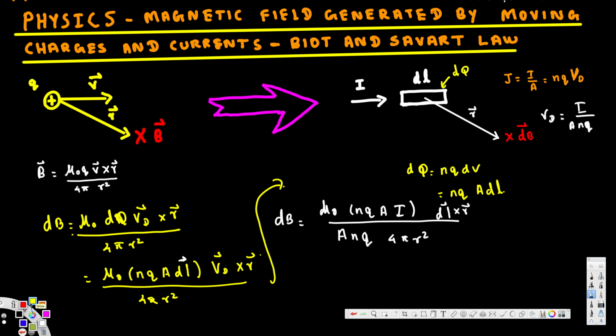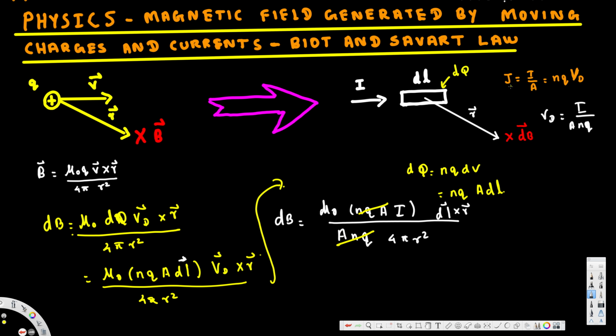From this you can see this nqA and this nqA cancel each other. I forgot to mention, this is the current density, that is equal to I over A, that is equal to nq drift velocity, and this n is the same as this one. This n represents the number of free charges available per unit volume, right? So that is this n.